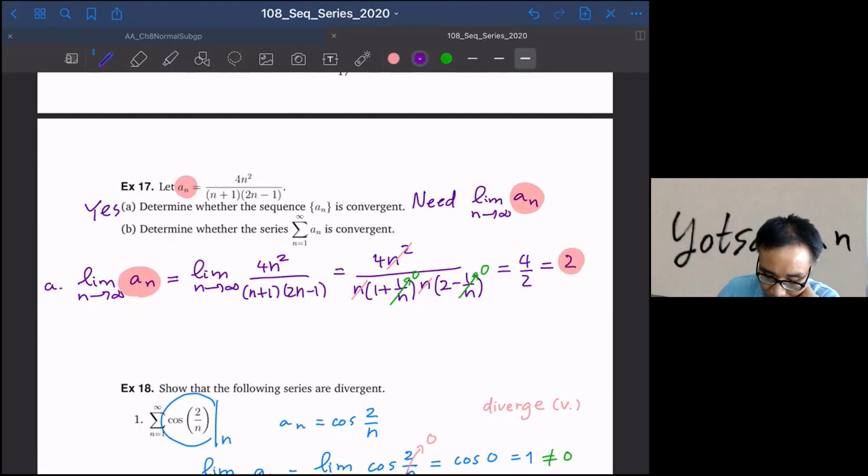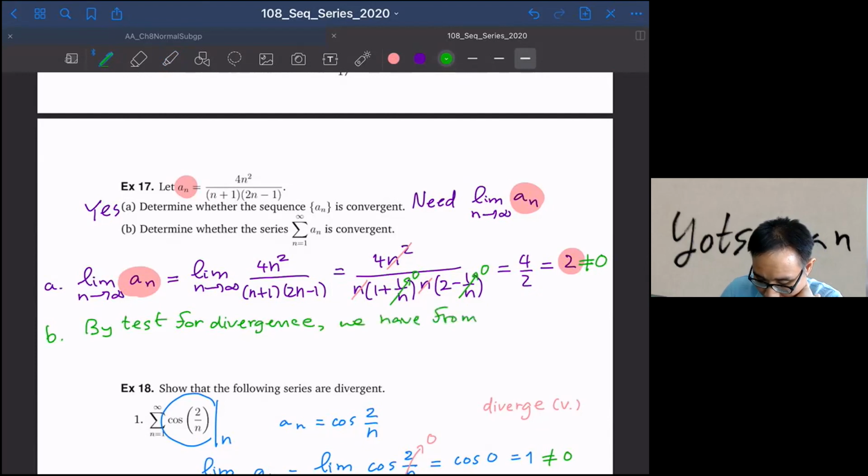However, for B, you're going to check the limit. The limit turned out to be not equal to 0. So for B, by the test for divergence, we have from A that the limit as n goes to infinity of a_n does not equal 0.